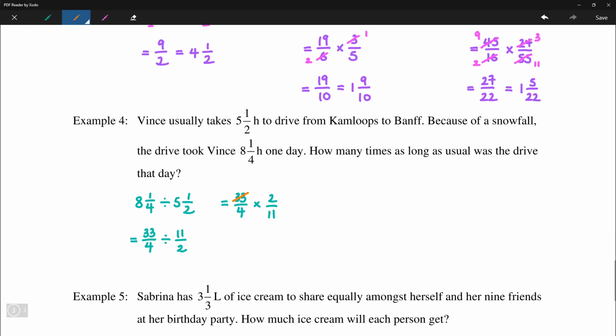So here 33 and 11 gives us 3 and 1, and the 2 and the 4 gives us 1 and 2. So this will be 3 times 1, which is 3, and then 2 times 1, which is 2. So it is 1.5 times as long as usual.